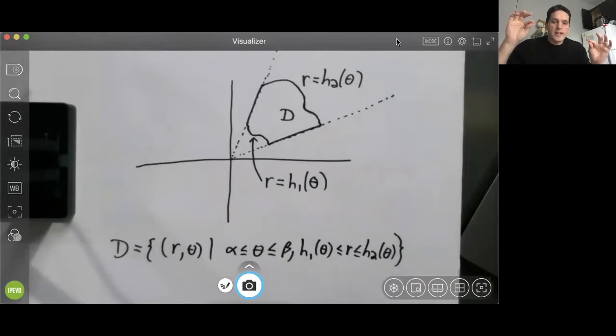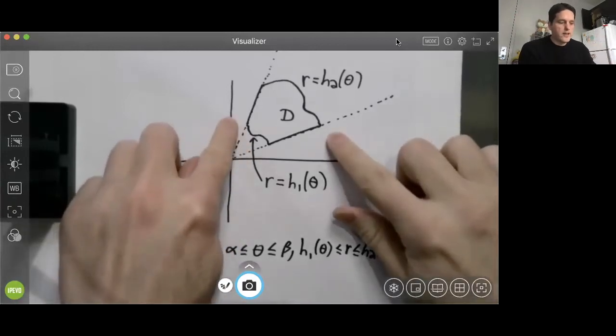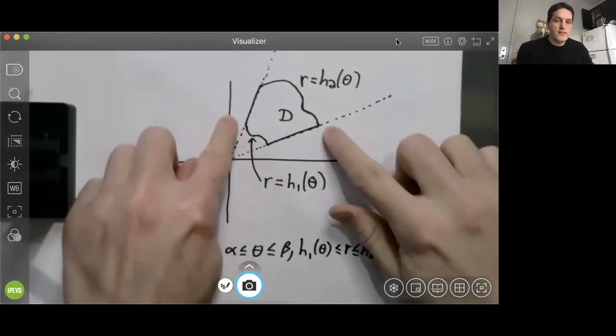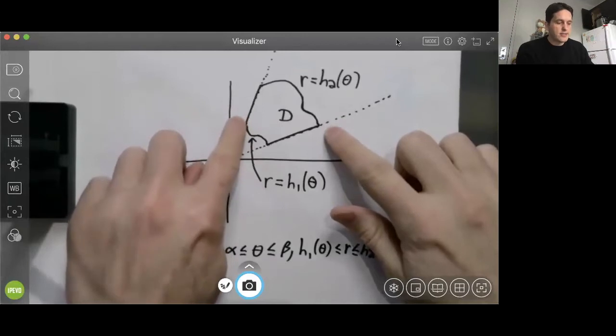And then we just integrated over that rectangle using Fubini's theorem. We're going to use a similar trick to integrate over this polar region. What we're going to do is introduce a polar rectangle which contains this region.